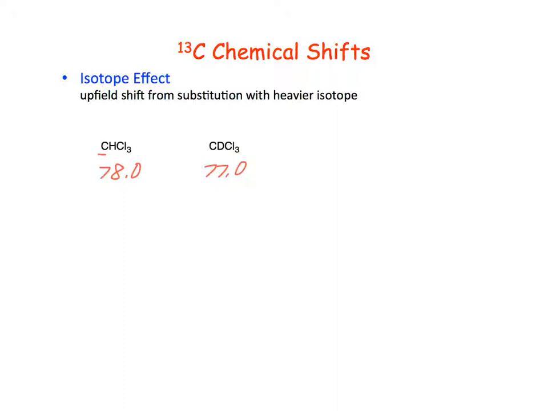One place that you can use this, and I don't actually have any numbers for this one, I should have brought up an example that we did one time. If we had something like this, where we had a methoxy group and a phenol, both of these groups have similar influences on the chemical shifts in the benzene ring.